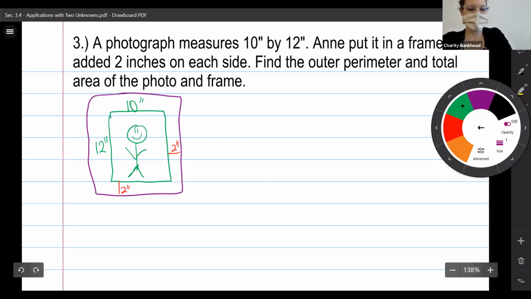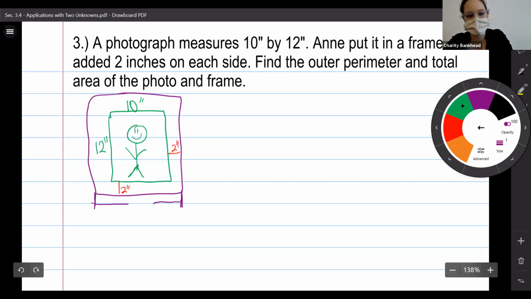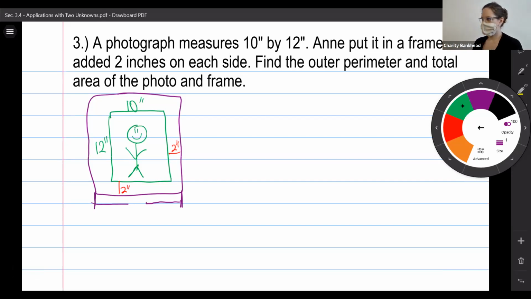So what is the width of the whole picture frame? So what is that distance there across the bottom? Well, close. So you've got the 10, and then you added 2 inches over here, but then you also added 2 inches over there.